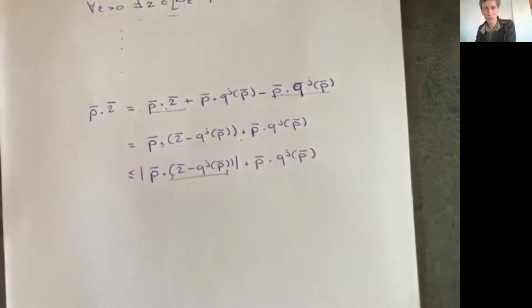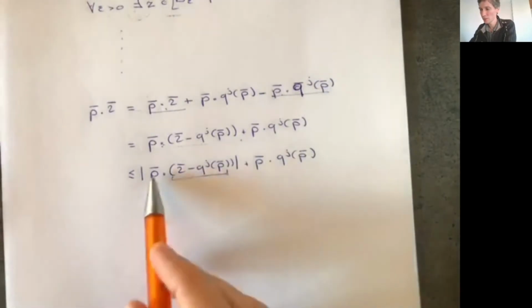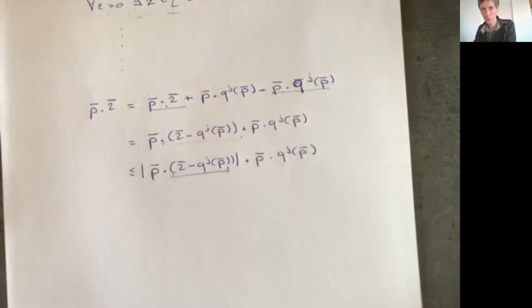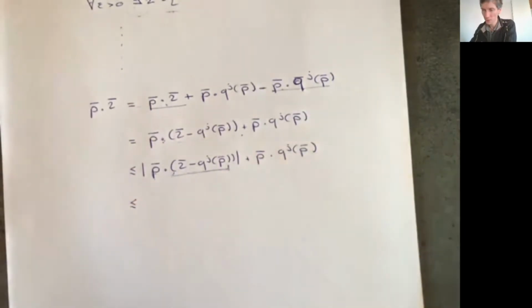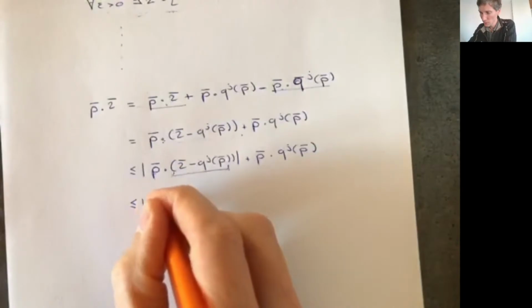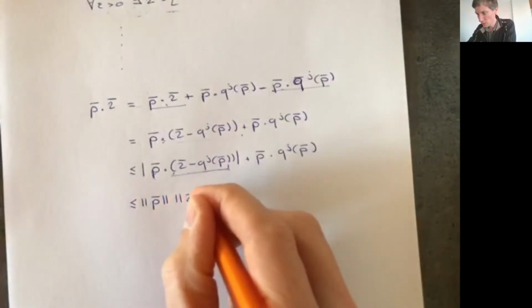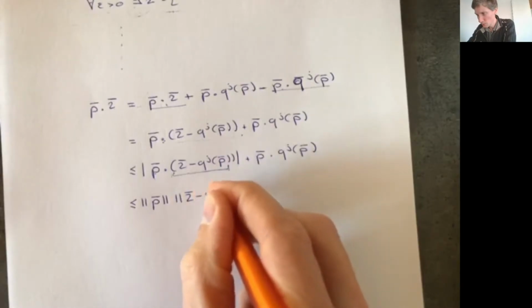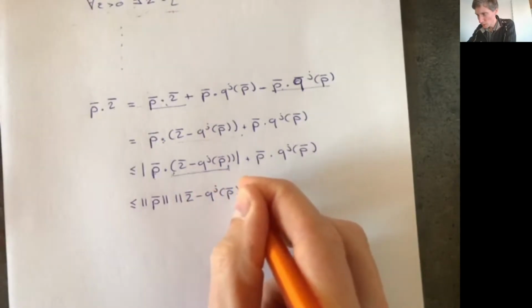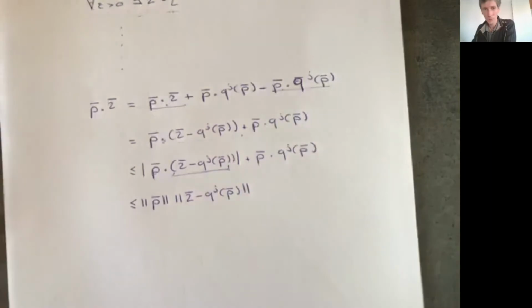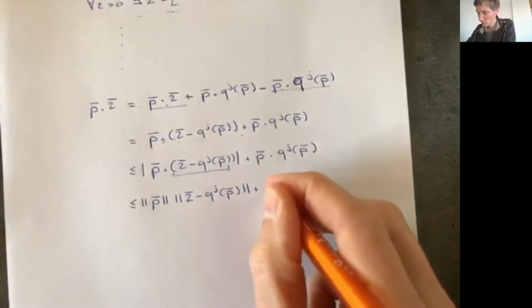We have the dot product of two vectors, the absolute value. So we can use the Cauchy-Schwarz inequality. So this is less or equal to the norm of P times the norm of Z minus Qj. Okay, and then plus the last term here.